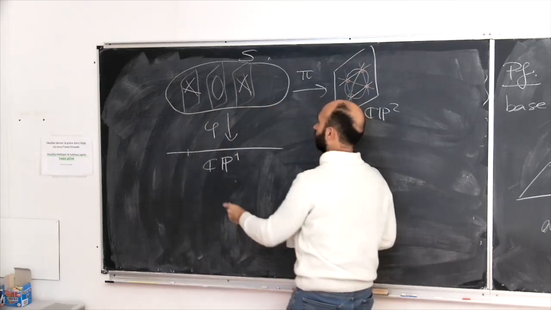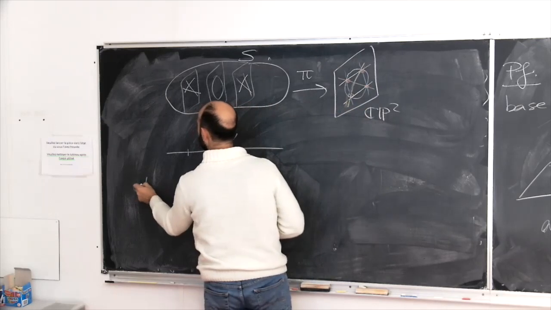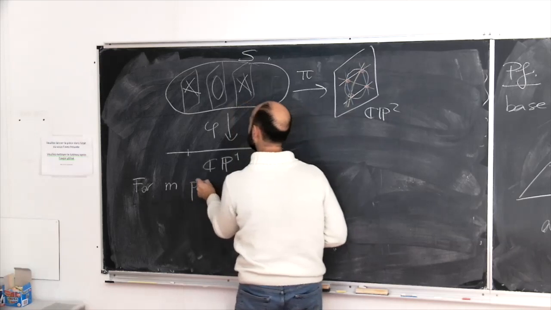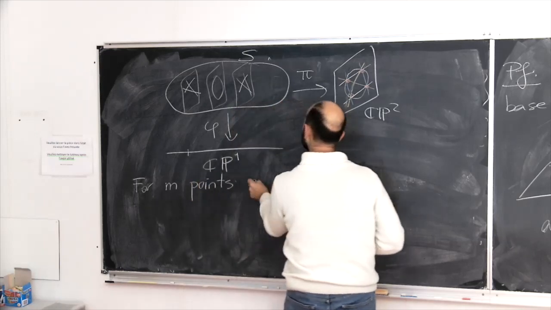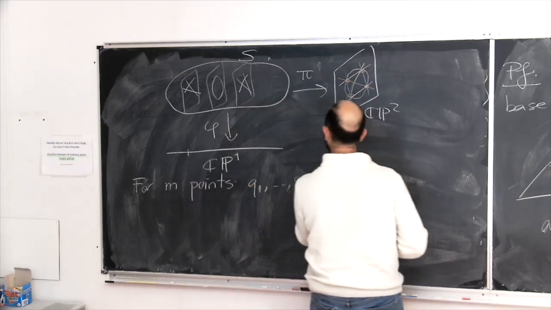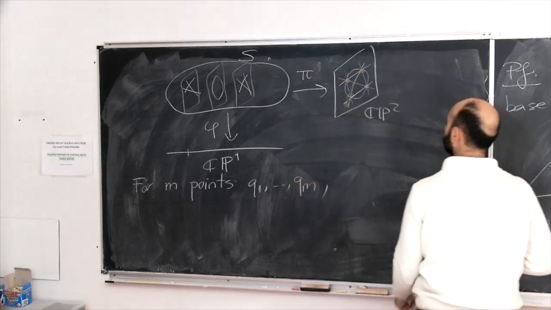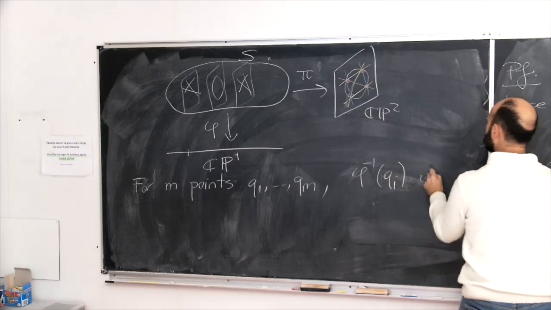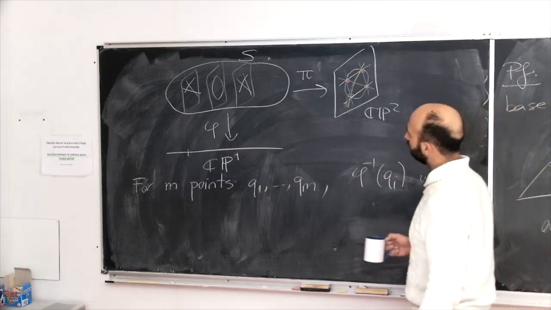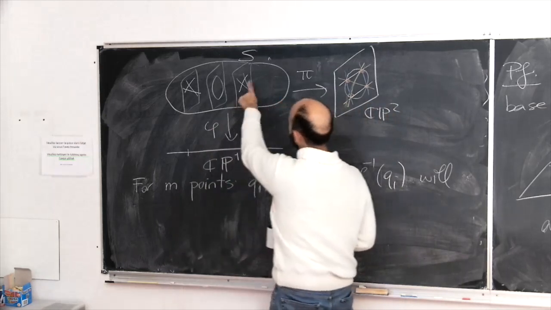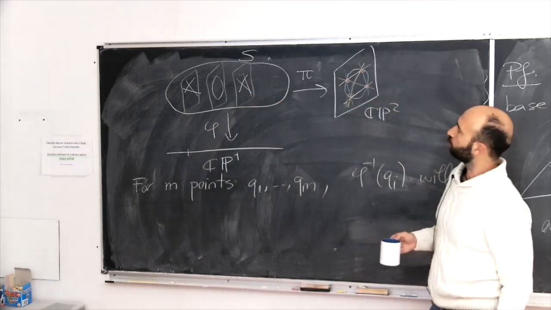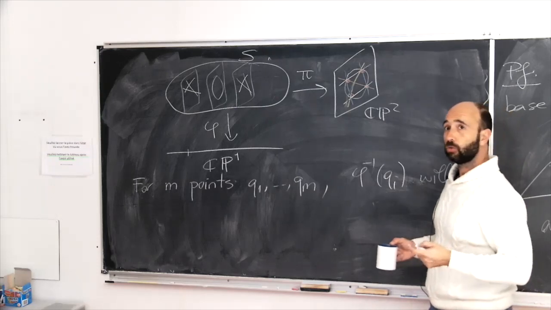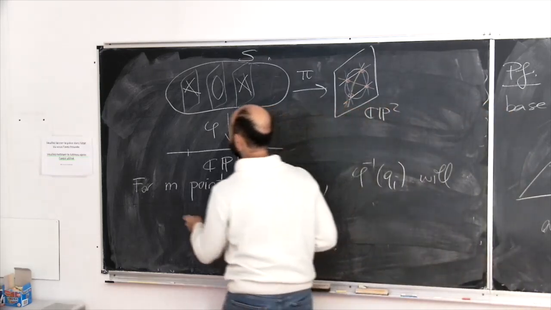So for m points, Q1 up to Qm, these fibers over these points, phi inverse Qi, will be, well, maybe saying a line may or may not be meaningful on S, but they will be rational curves intersecting transversely.